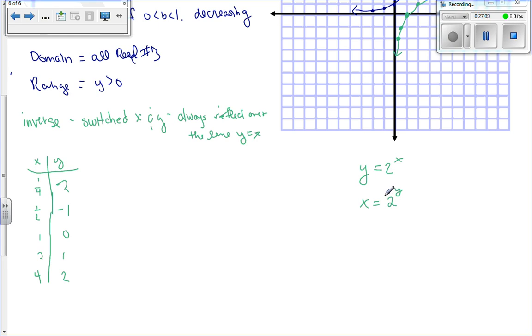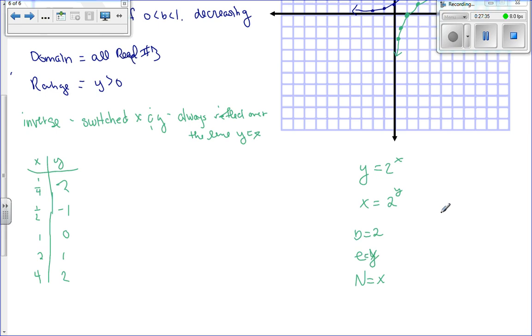So what I need to do is take this and turn it into logarithmic form. So my base is 2. My exponent is y, that's my exponent right here. And n is my number, which in this case is x.